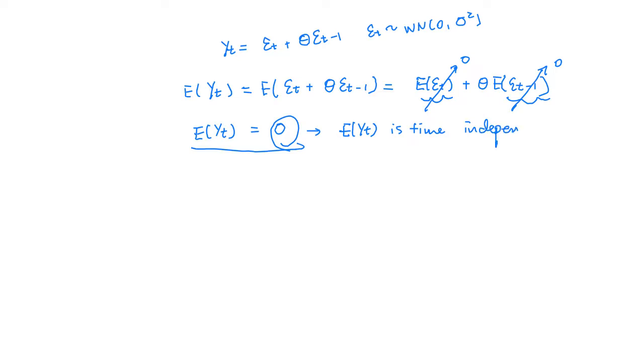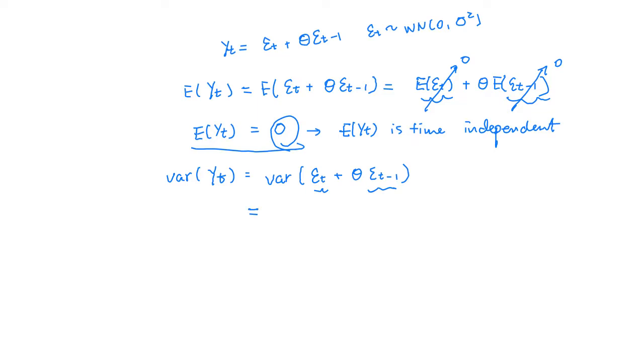Right? Okay. And the next one, what about the variance of yt? Variance of yt is equal to the variance of this plus this. Okay, so I have two random variables in my parentheses now. Variance of xt plus yt is equal to variance of xt plus 2 covariance of xt and yt plus variance of yt, right?